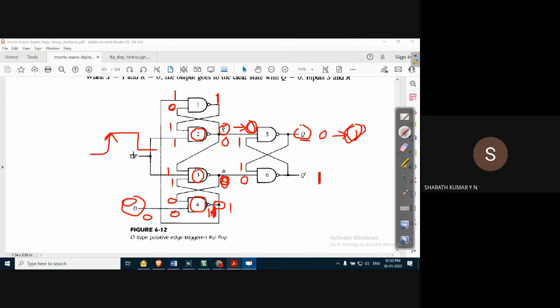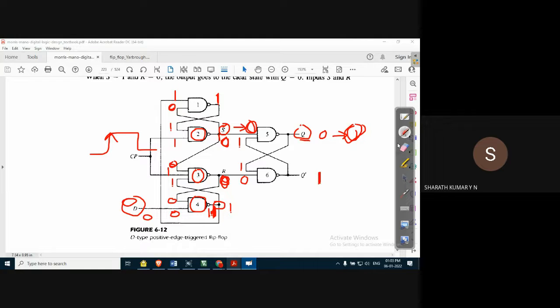Now what happens is, because of the clock pulse applied to this, I think we missed this condition. Sorry, this should be 0, this input 0. Okay guys, sorry, this I didn't discuss. The output of the second NAND gate is applied as input for the third NAND gate. When this is 0, this input should also be 0 because of the feedback.